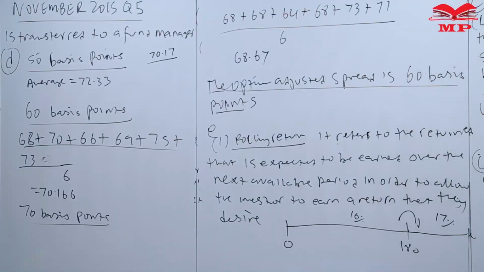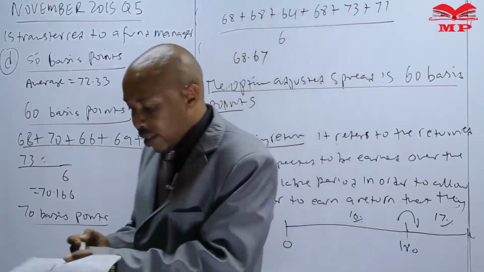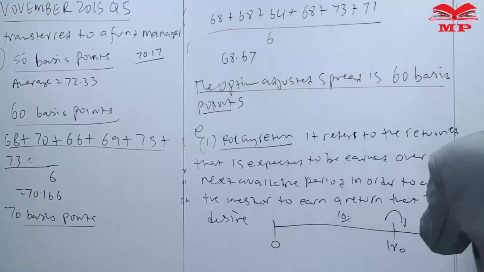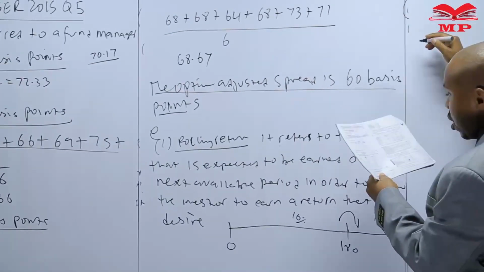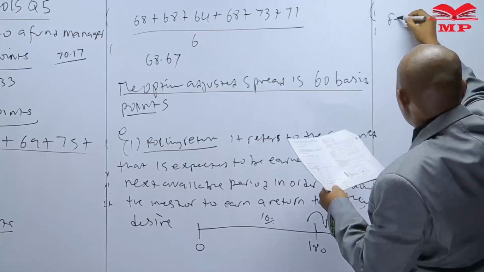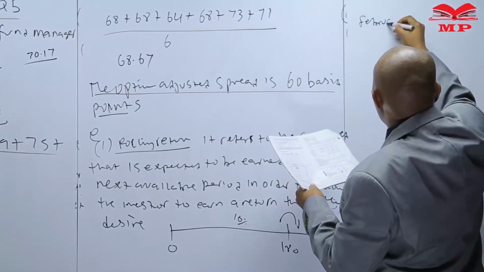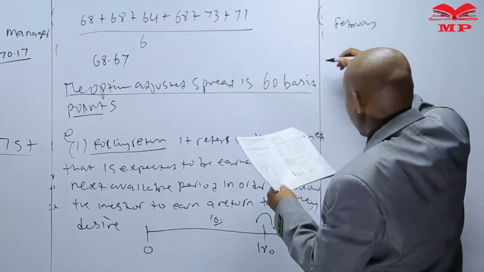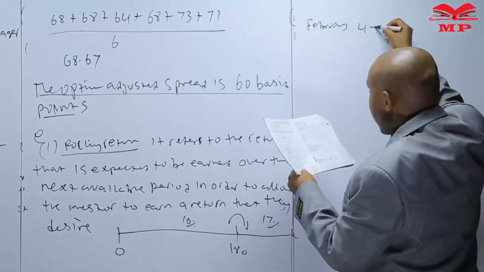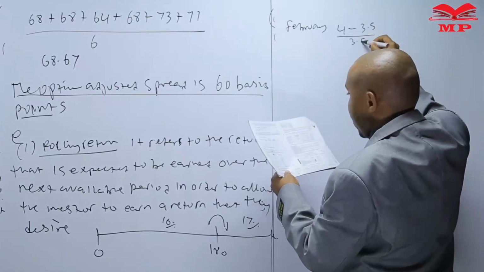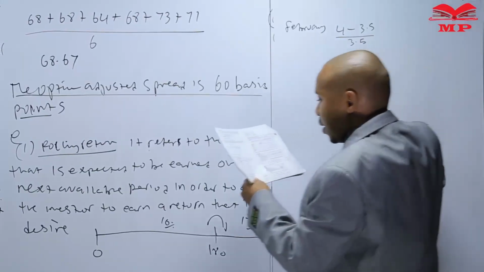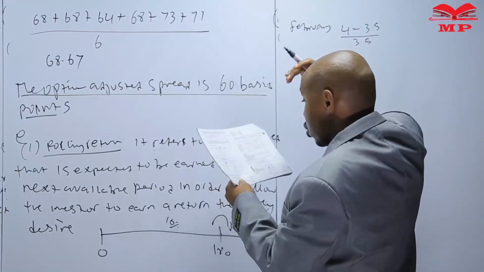So now to do it very quickly, we first need to get the period for January. We start with February, because for January you cannot get the return. So we get 4 minus 3.5 over 3.5, in percentage returns, and we are going to divide by 8.